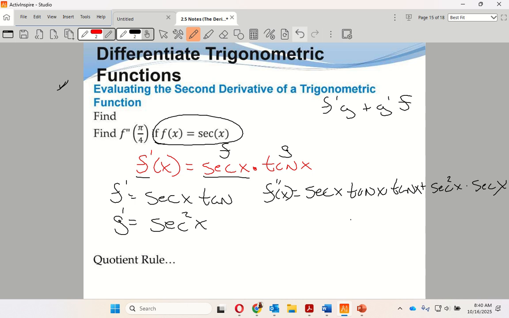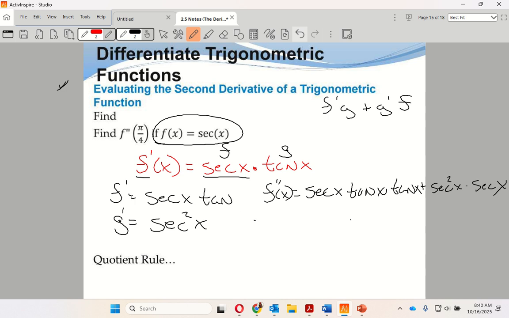The y value is rad 2 over 2. So we know tangent is sine over cosine, right? So it's y over x. It's going to be 1 because the y value and the x value are the same. So there we go, that's going to give me 1. So 1 times 1 is 1.